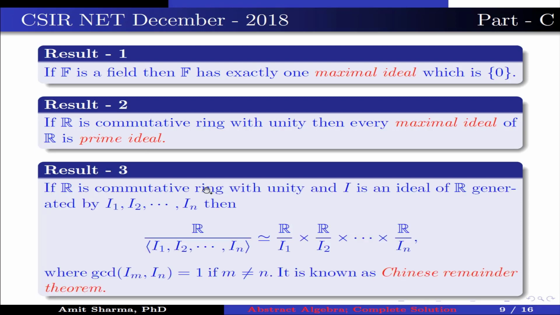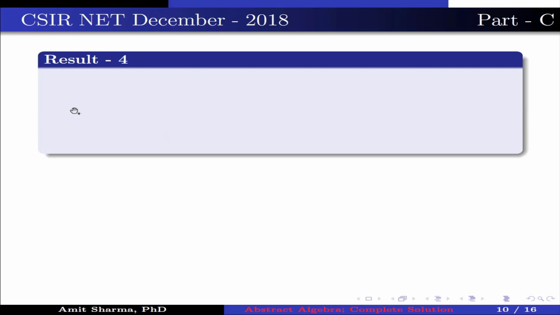If R is a commutative ring with unity and I1, I2 and so on up to In are ideals of R, then R/(I1 ∩ I2 ∩ ... ∩ In) is isomorphic to R/I1 × R/I2 × ... × R/In, where GCD of Im, In is 1 when m is not equal to n. It is known as the Chinese remainder theorem.